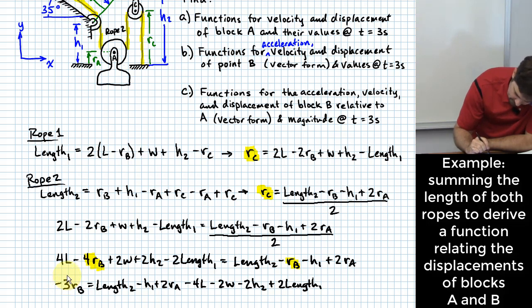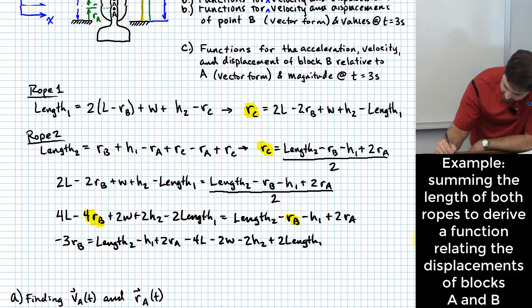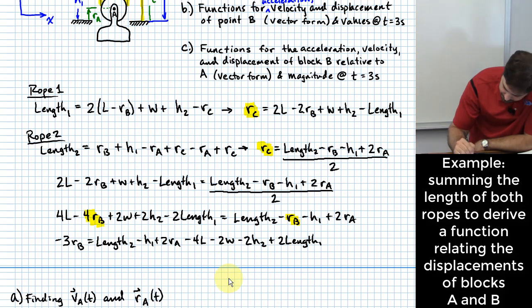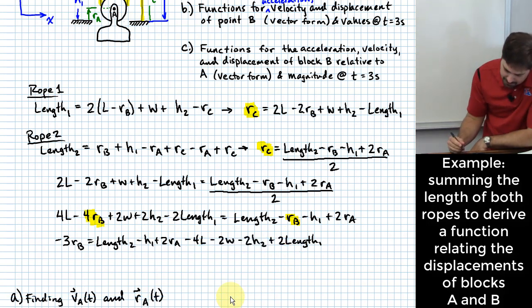Okay, so if I divide through by -3, I'll do that term by term.